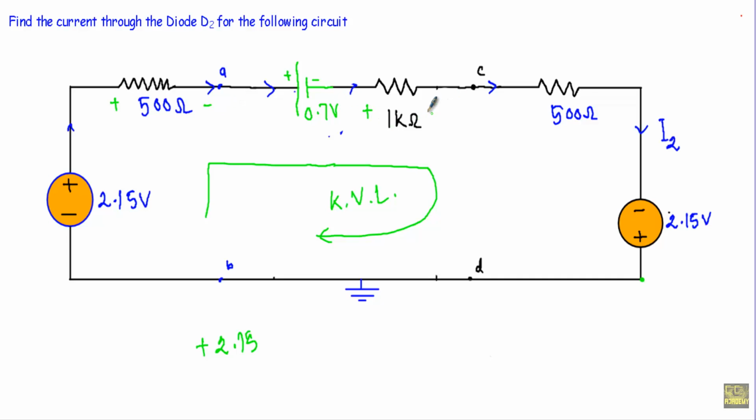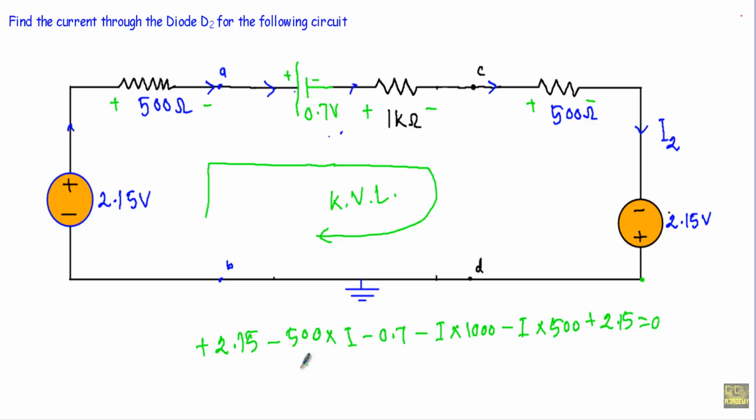This terminal will be positive and this terminal will be negative. 2.15 minus 500 into I minus 0.7 volt minus I into 1000 minus I into 500 plus 2.15 volt equal to 0.